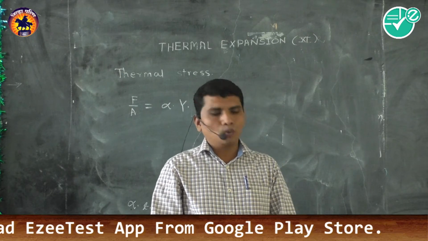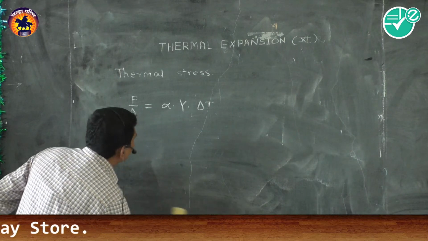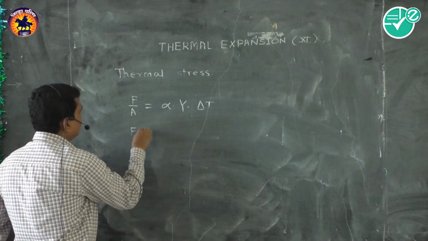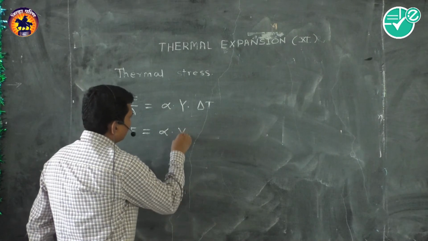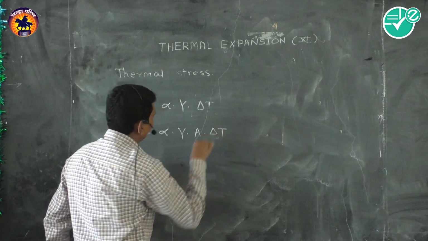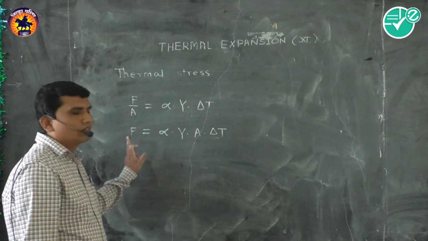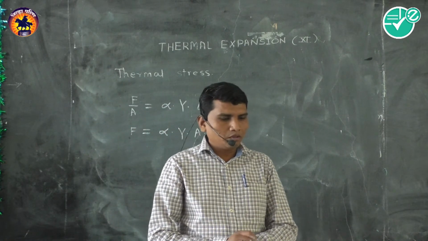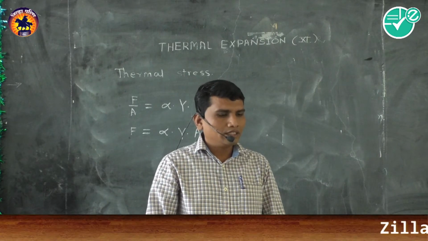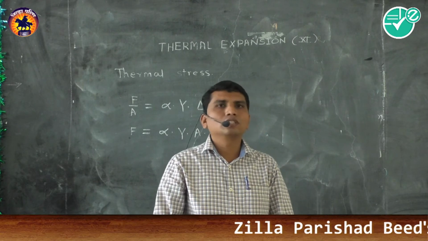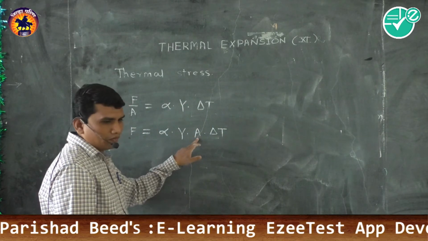Or the compressive force, we can write F equal to alpha into Y into A into delta T. Now see, this compressive force F is directly proportional to the Young's modulus of the material. Second, it is directly proportional to the cross-sectional area.